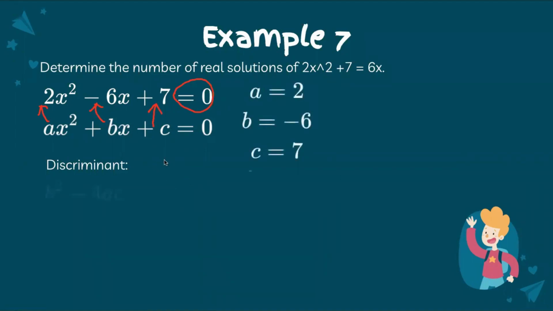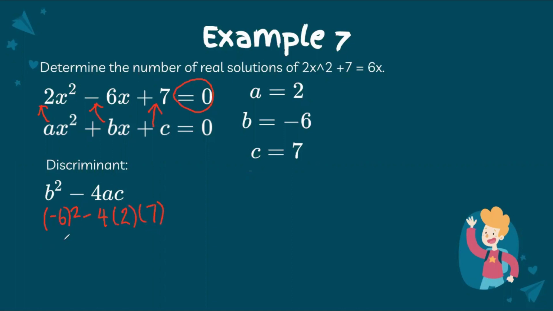Now we can plug this into our discriminant expression, which is b squared minus 4ac. So our b value is negative 6, so this would be negative 6 squared, minus 4 times our a value, which is 2, times our c value, which is 7.